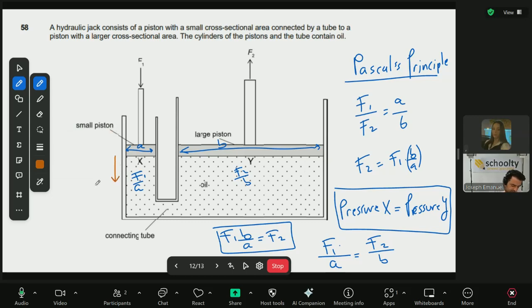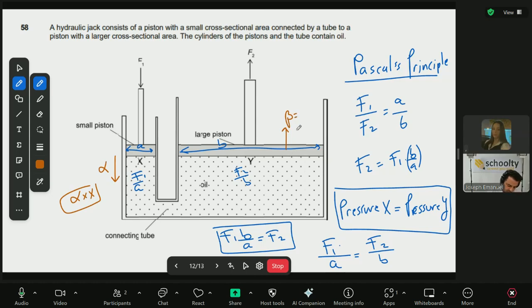If you push down, let's say, alpha, so the quantity of oil is alpha multiplied by a, and the same volume of oil will be pushed up here, and this height beta will not equal alpha.